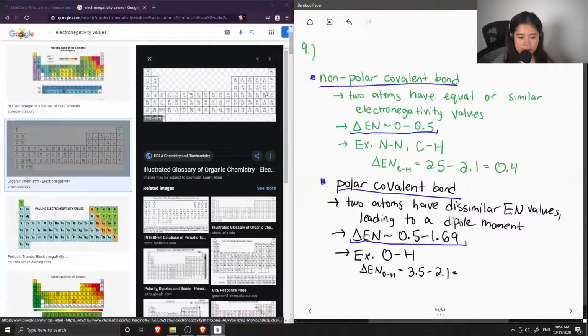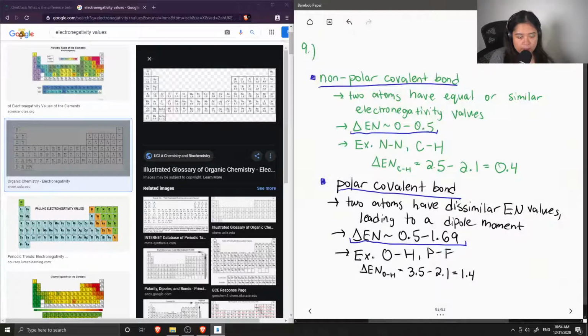So this difference in electronegativity is 1.4. So this lies within the range 0.5 to 1.69. So this makes the oxygen-hydrogen bond a polar covalent bond. Another example of a polar covalent bond would be between phosphorus and fluorine.